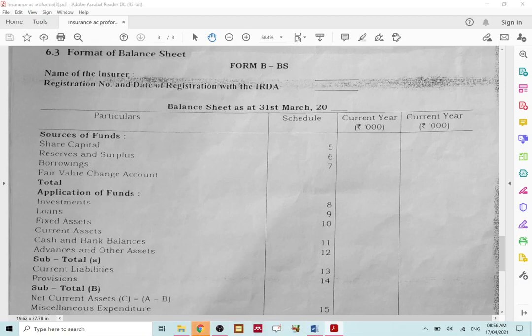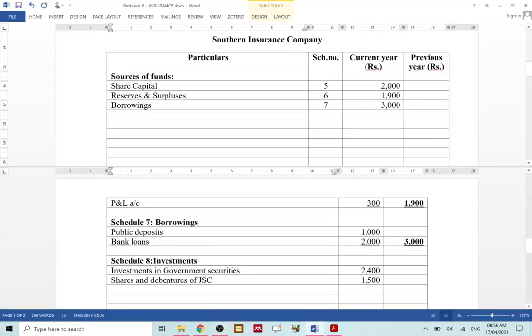If you try to sell a particular asset or any investment that you're holding to another party at any given point of time, what will be the price, the value that you will get for such an asset? That is called the fair value.